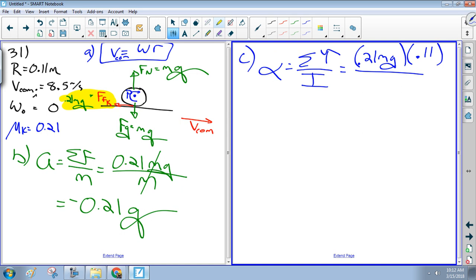Now we got to find our rotational inertia. Talk to me about the rotational inertia of the bowling ball, you guys. It's a solid sphere. So 2/5 mr squared. 2/5 m times 0.11 squared, right? I am happy right now. Why am I happy? And then I'll answer Tyler's question. The m's cancel out. And one of the 0.11's cancel.